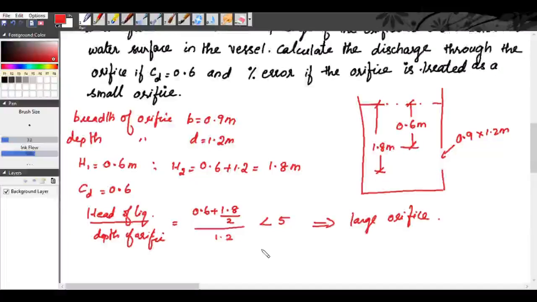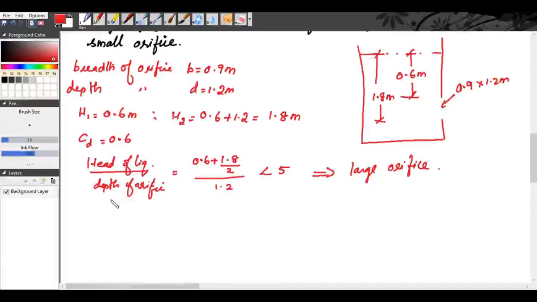Okay, so now we will determine our discharge. We know the formula of discharge Q is equal to 2 by 3 into CD into B into root of 2g multiplied by H2 raised to 3 by 2 minus H1 raised to 3 by 2.